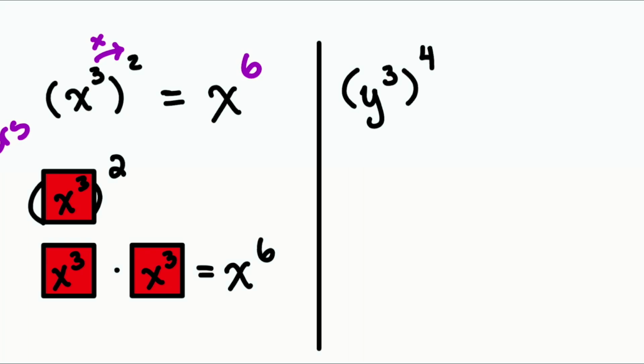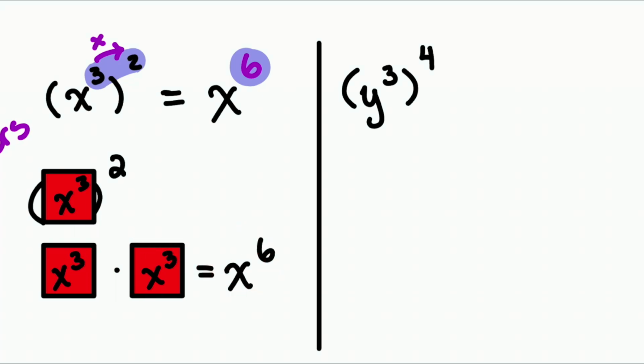So that's what we did here. We multiplied the 3 and the 2 together to get 6. That's the shortcut way. The way it actually works when you break it down is, hey, anything squared is just whatever this is times itself, because squared means multiply this by itself twice. Boom, boom. And now we see that the product rule applies, and so we add those exponents, giving us 6.